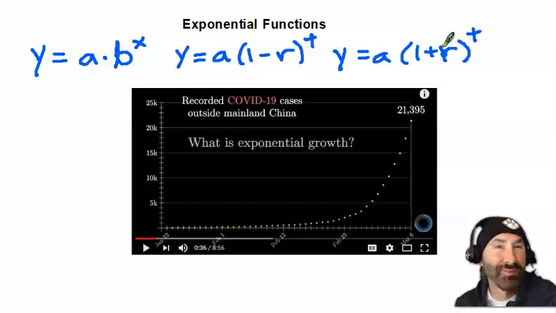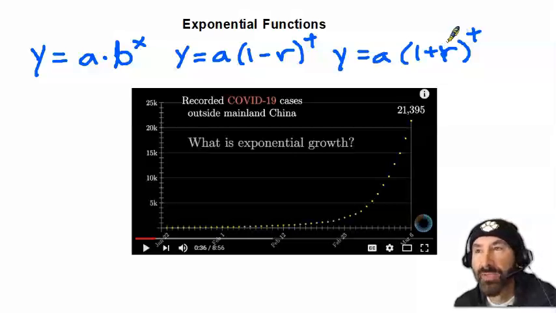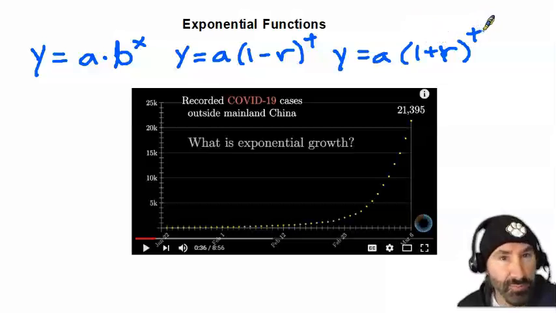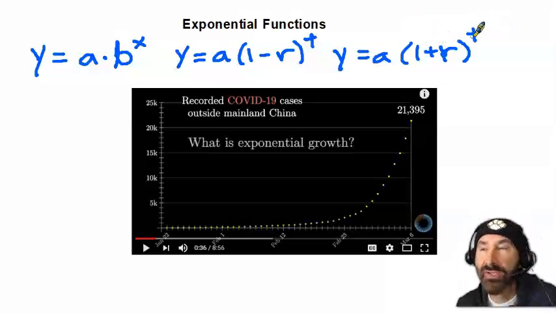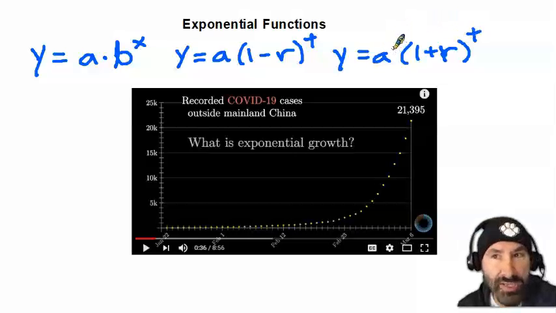Sadly, those numbers are pretty big these days. Really, more realistically, these days you're making less than 5 or 3% if you put money into a savings account. Anyways, so you add 1 plus that rate, and then you multiply it times itself by the number of years, or the number of compounding periods. We'll talk about that in another video. And then a is the initial amount that you put into your savings account.